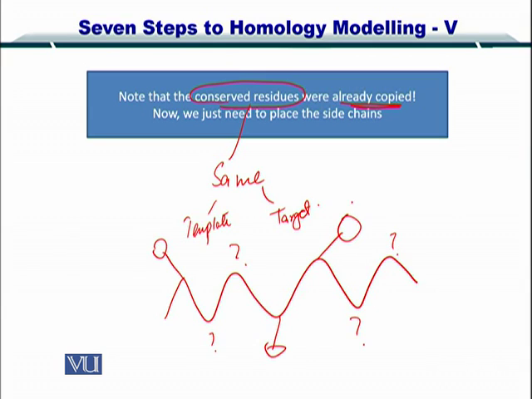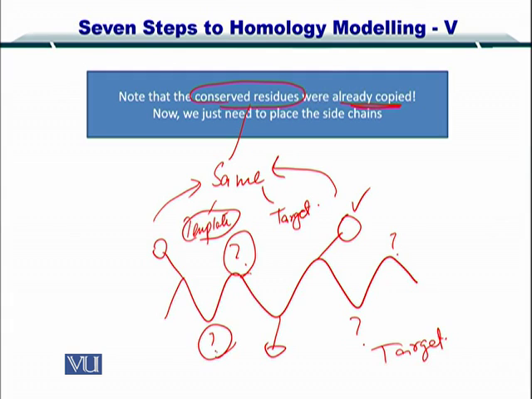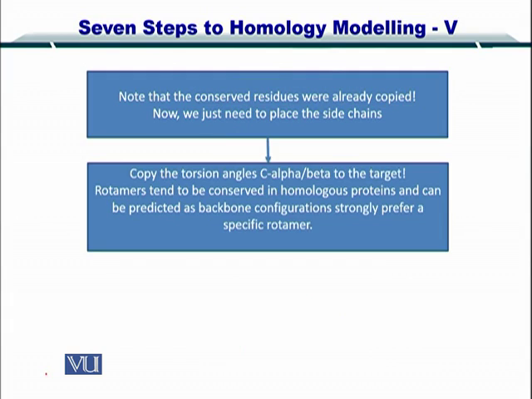The ones that are already added are there because they had the same amino acid as the template. So this is your target structure at the moment. Now we are going to look at how we can insert these side chains. The method is very simple.